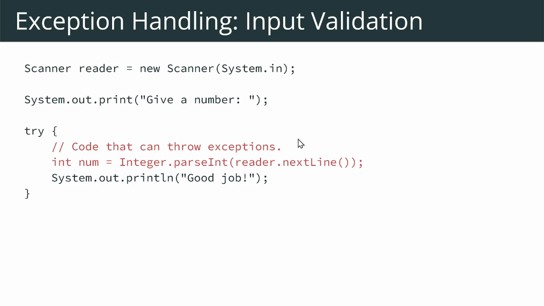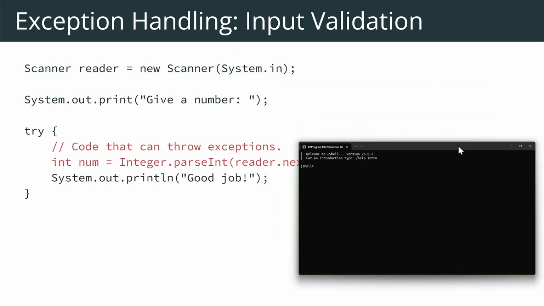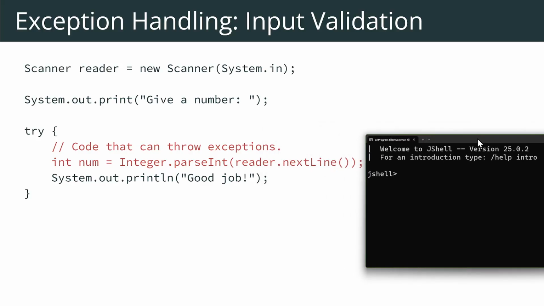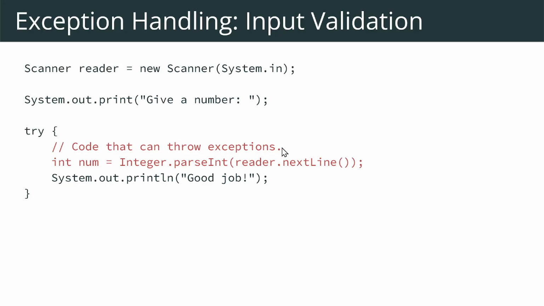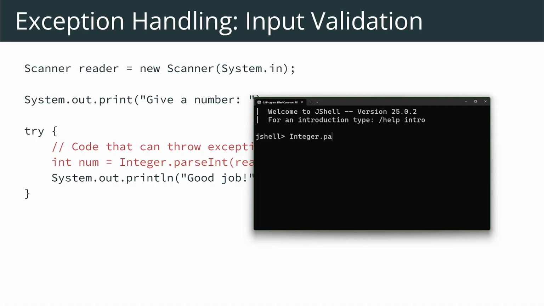All right, just to visualize what's happening here, I'll pull up a JShell so folks see what's happening. Basically, I'm saying that this parseInt method can possibly fail. Let's say I use the Integer.parseInt. This is a method that takes a string and converts it to an integer.